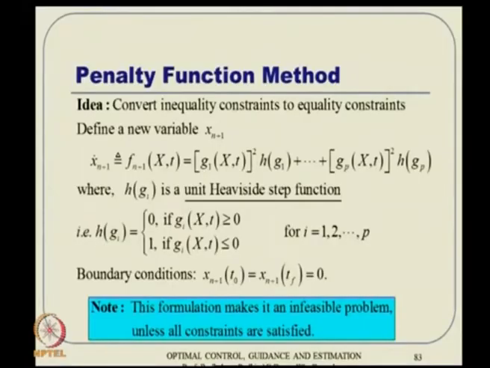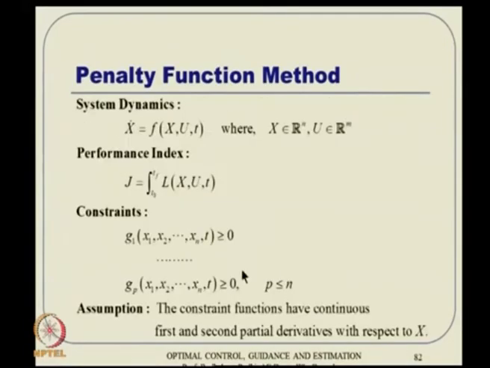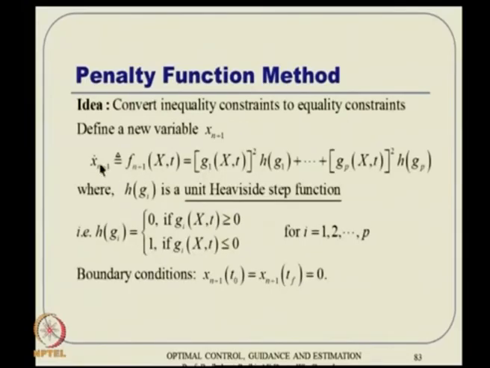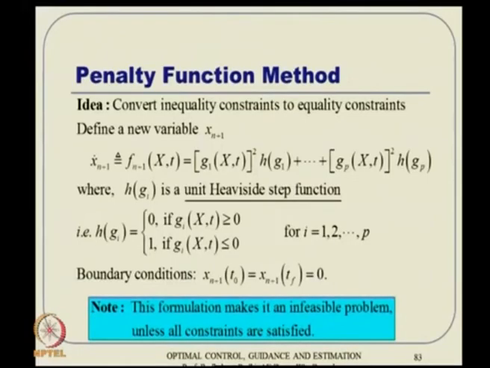Now the idea is I will take the original problem as it is, but augment it with this state equation and this boundary condition as well. So essentially I will solve an artificial problem in n plus 2 dimensional space. So that was done. That's one idea basically.